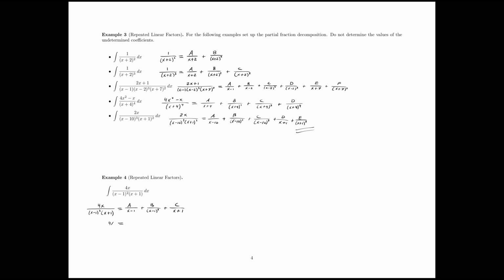So we'll have 4x on the left, and then the commonalities will cancel. And this is where it could potentially be slightly misleading, because the x minus 1 is in common here, but when we multiply by x minus 1 quantity squared times x plus 1, it is true that the commonality will cancel, but because we have two copies of this commonality, we only have one copy in the bottom. So you're only going to lose one copy.